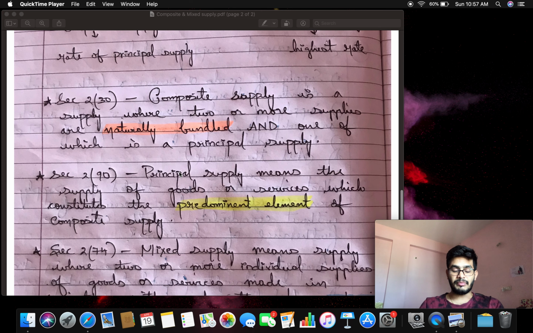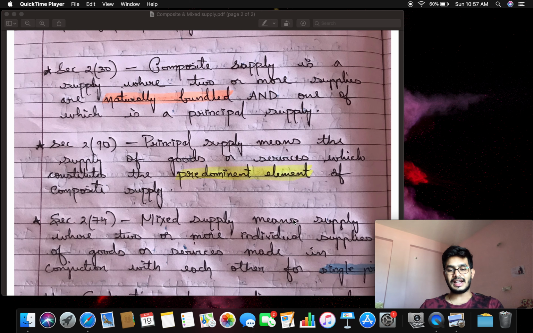Before that, we have to understand what is principal supply. Principal supply is the supply of goods or services which constitutes the predominant element of a composite supply. For example, you are going to purchase a TV in Bajaj Electronics. The TV costs 50,000 rupees. Along with the TV, the remote also comes.